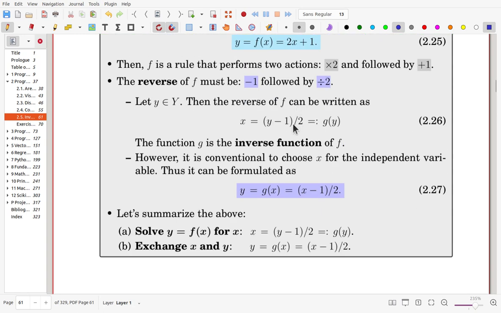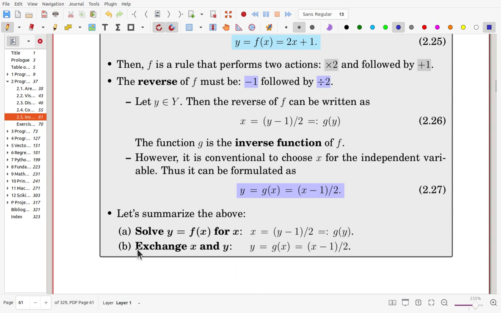We can summarize this computation in this way. For y equal to f of x, we first solve for x, and we have the inverse function with independent variable y.